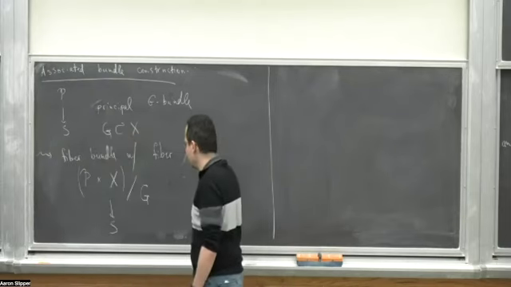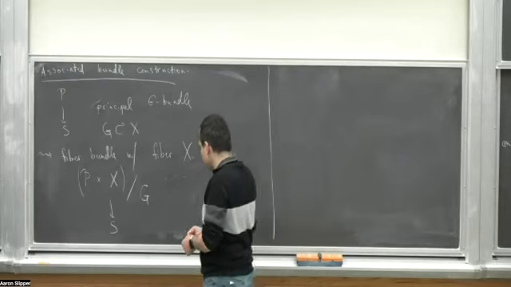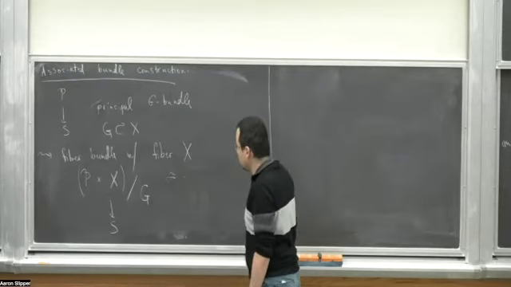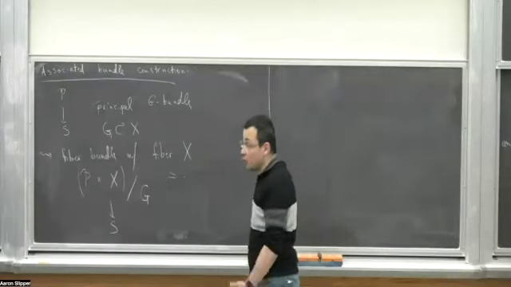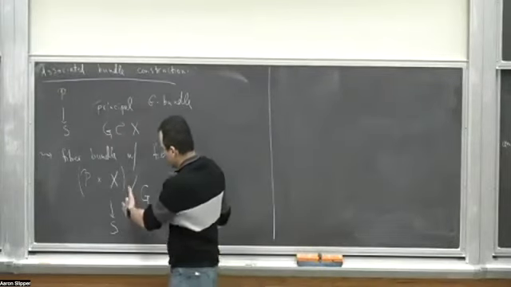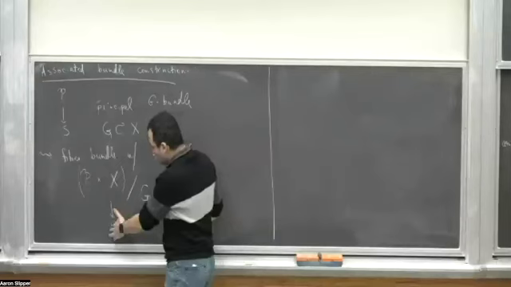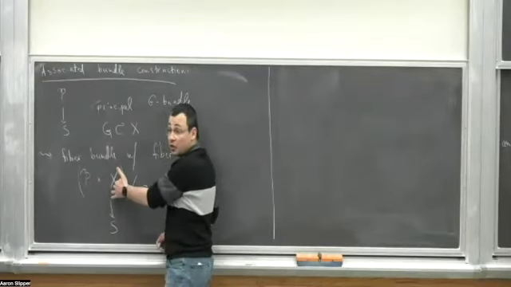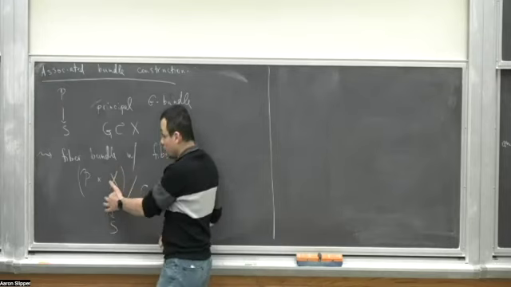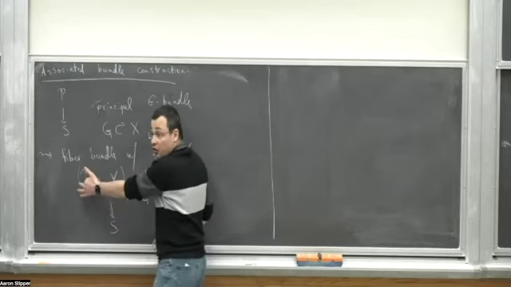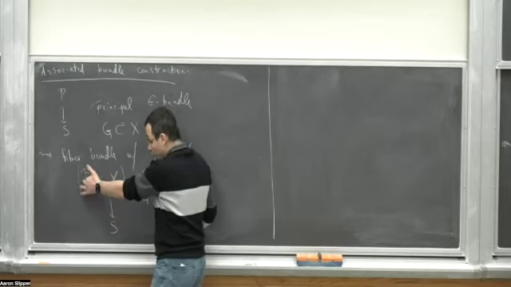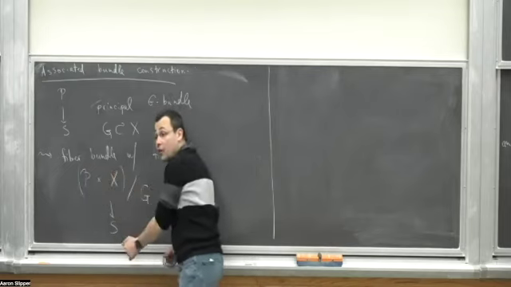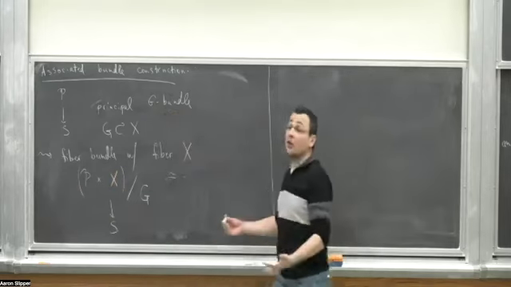And now this is the corresponding associated bundle. I hope it's clear, because locally P is the product of S and G. And so if this was just G times S, this would just produce X times S. And so that's what it is locally.